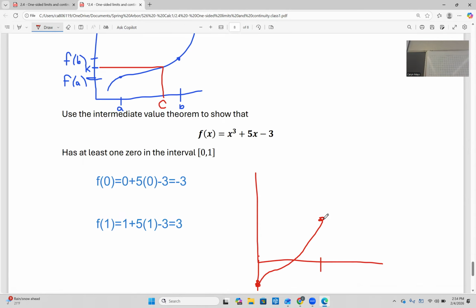So somewhere in here, we cross the x-axis, there is a 0 to f of x equals x cubed plus 5x minus 3. We could then use other tools to estimate what that 0 is, but the intermediate value theorem gives us there is something. We have crossed the x-axis because I can't go from negative 3 to 3 continuously without.